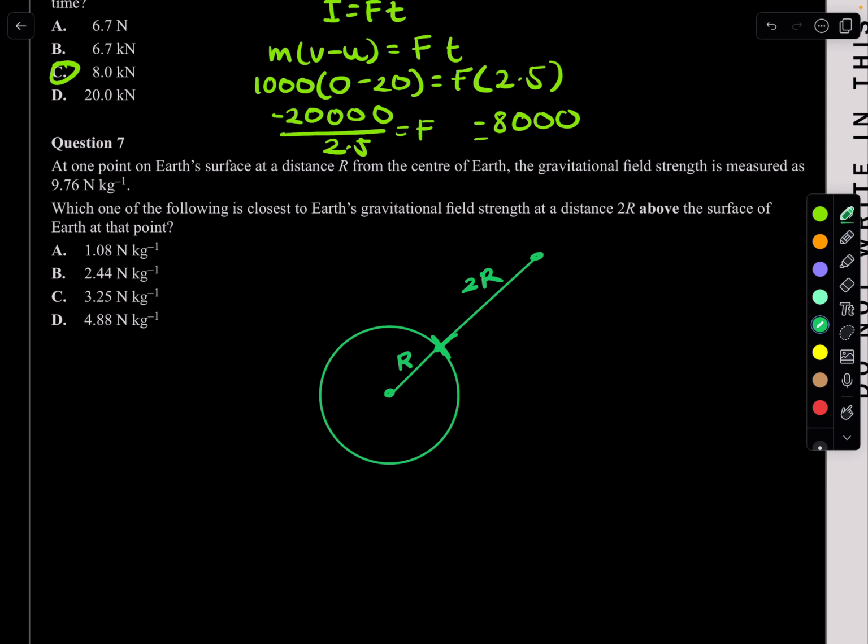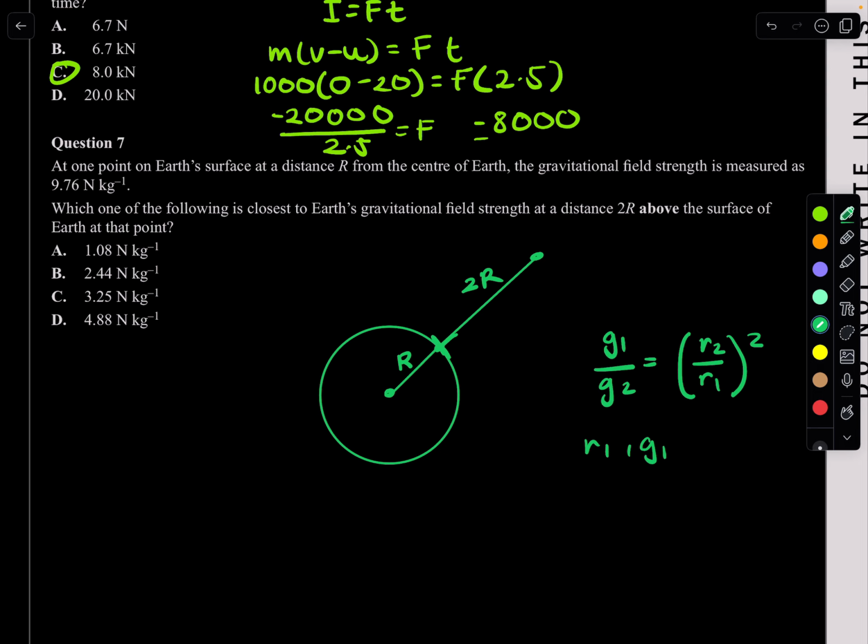Easy! This question is actually one of the most repeated questions in exams. And I believe I do have a formula that helps me out doing these questions. It's one of my favorite formulas. I'll write it down. G1 over G2 is equal to R2 squared over R1 squared. R1 and G1 are your beginning information.